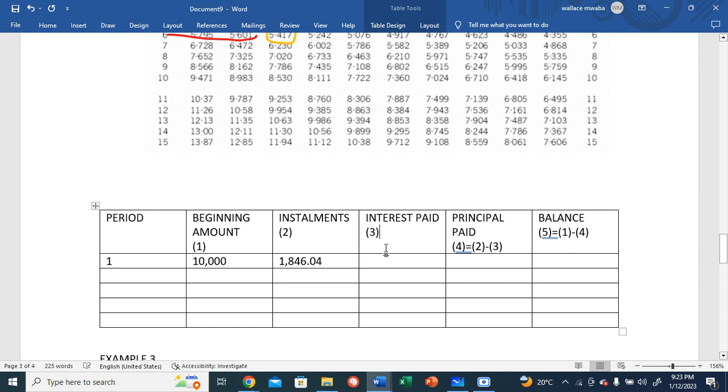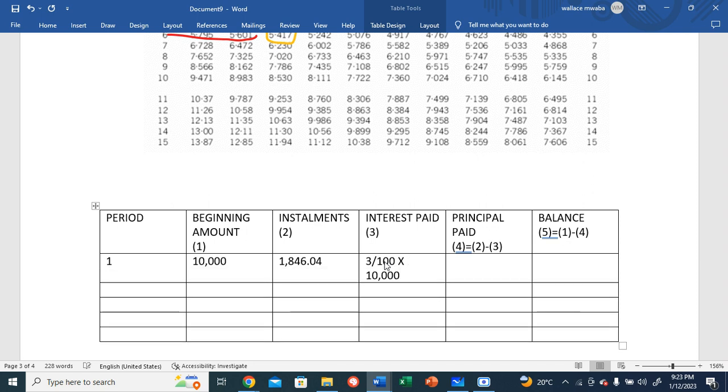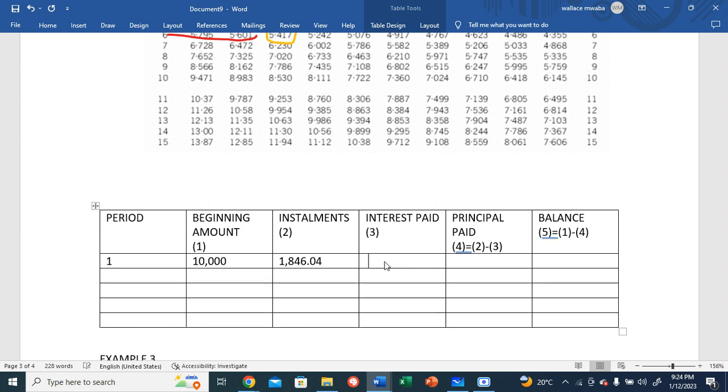Interest paid, we're going to get 3%, not 6%, because it's compounded semi-annually. So 3% of 10,000, that's 300. Remember, interest paid, you're always just getting the interest of the beginning amount.